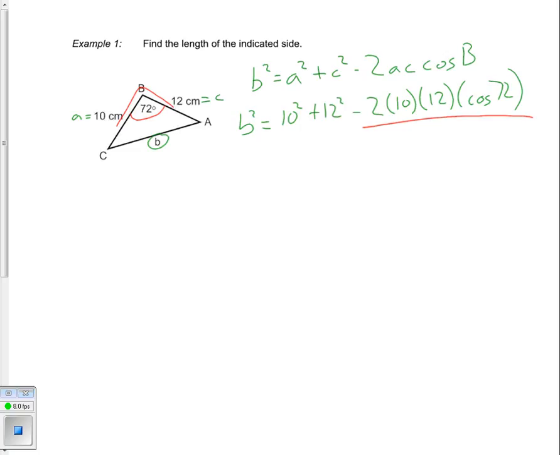So we've got B squared is equal to 100 plus 144 minus, and we'll do 2 times 10 times 12 times the cos of 72 degrees. That's going to equal, for simplicity's sake, we'll call it 74.